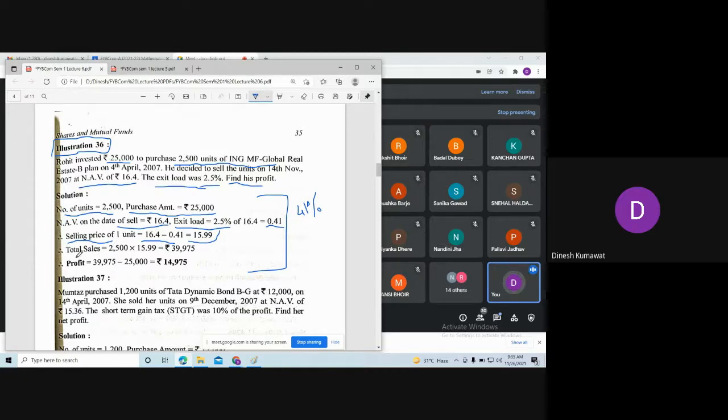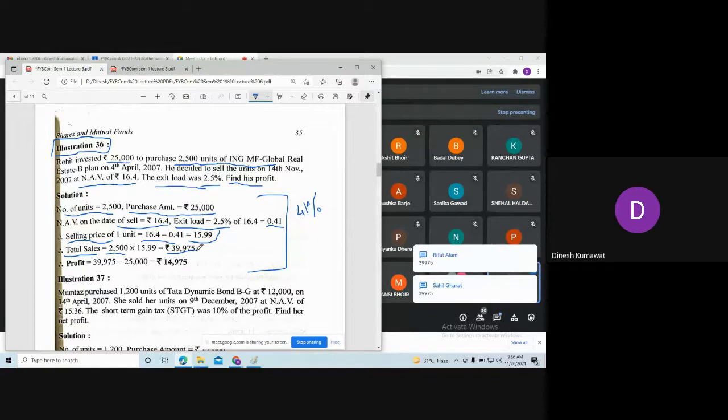So how are you going to find the total sales? It is just the multiplication of the number of units into the selling price per unit. So do this multiplication and tell me your answer for total sales. Okay, so Rifat and Sahil are getting the same.